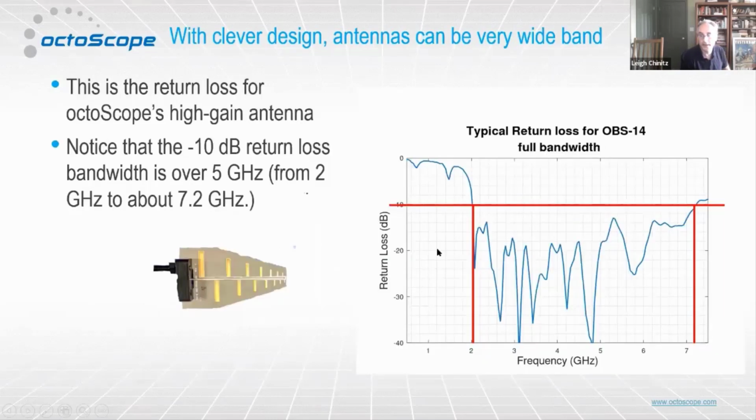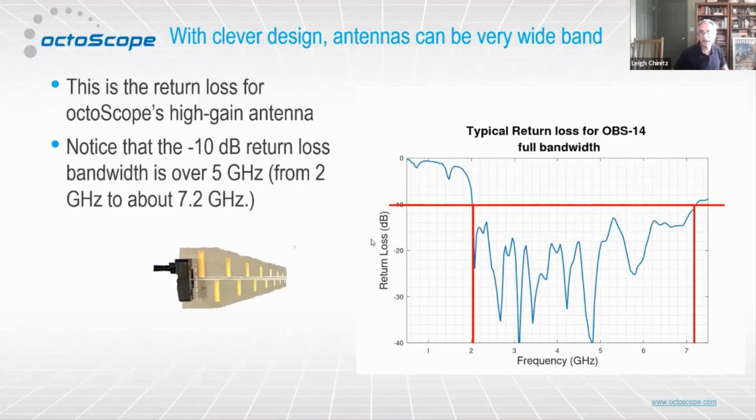But not all antennas have a bandwidth that looks like that. Depending on your design, if wide bandwidth is what you're looking for, you can actually get antennas that are quite wideband. Anybody who has used an octoscope testbed will recognize the antenna I'm showing here on the lower left. We refer to it as our high gain antenna.